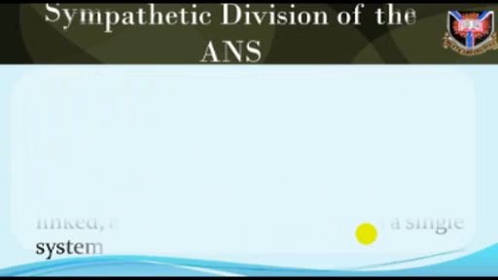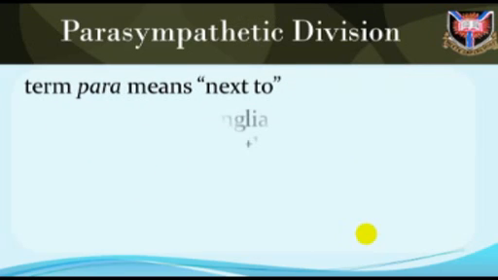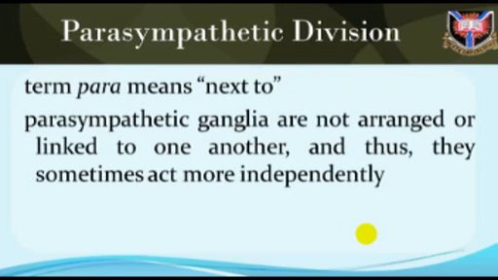The term para means next to. This is why the parasympathetic system lies adjacent to the sympathetic system. The parasympathetic system relates closely with the cranial nerves of the medulla and to the sacral nerves in the lower spinal cord.